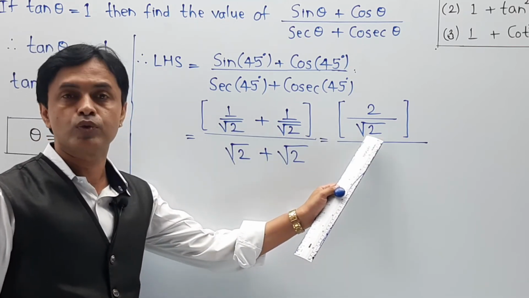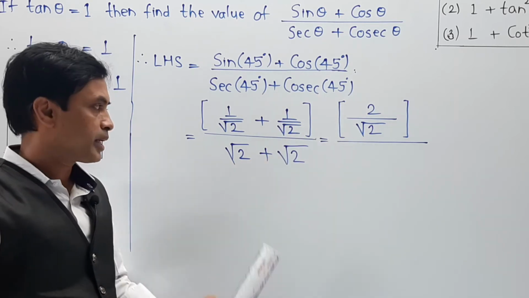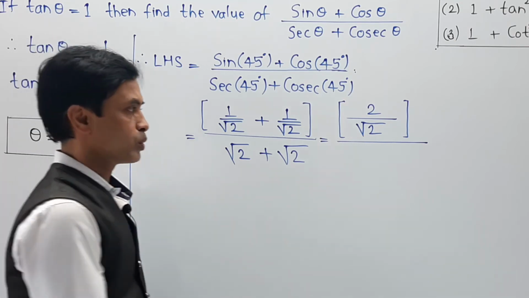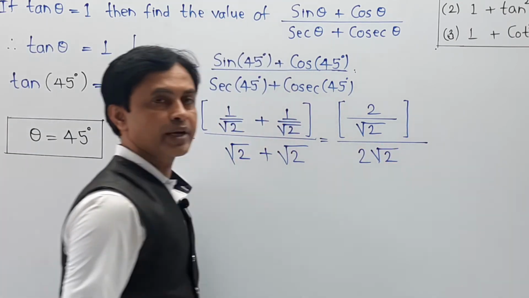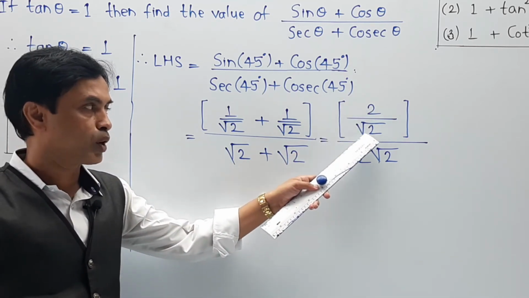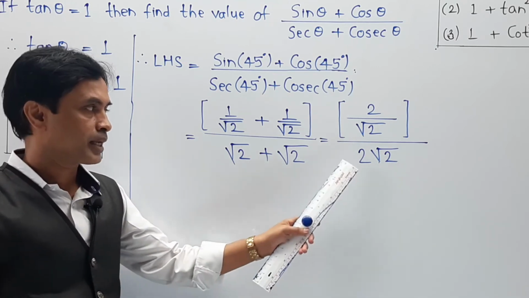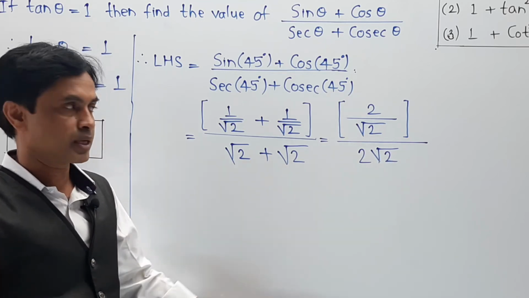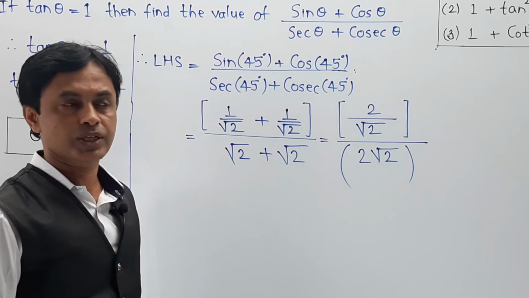Next, the denominator has root 2 plus root 2, which becomes 2 root 2. We are able to solve up to this step: the numerator becomes 2 upon root 2 and the denominator is 2 root 2. Remember, there is no base value in the denominator, so here I am making a slight modification for your understanding, which is required for the next step.